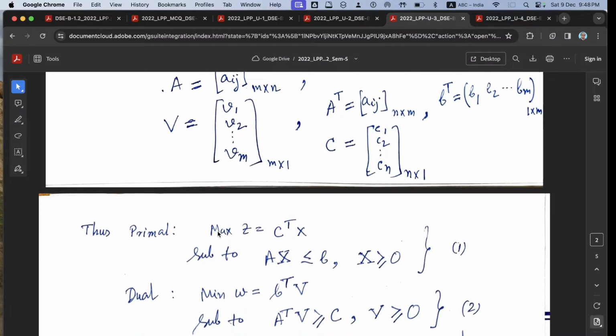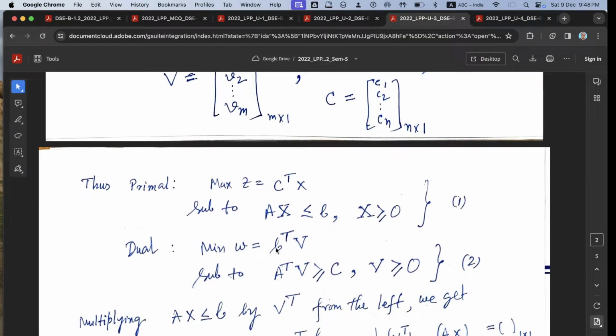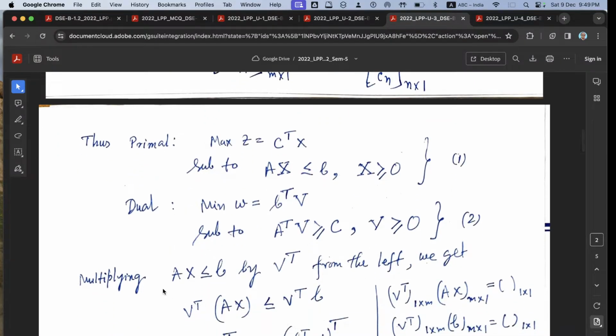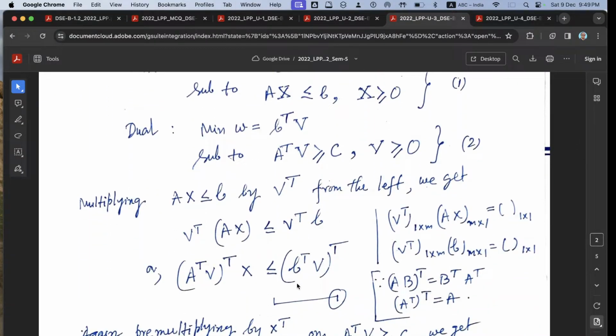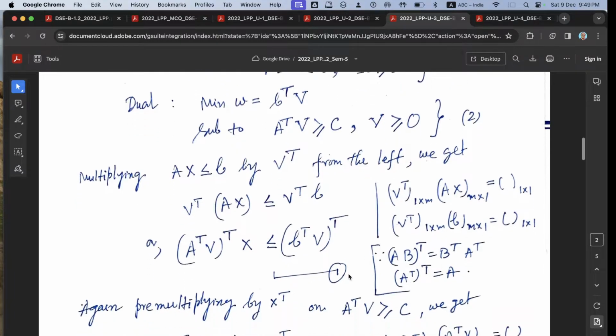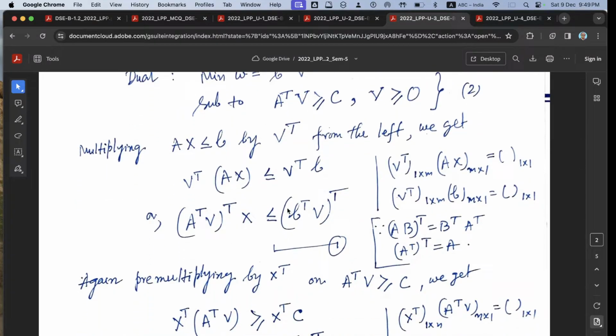Primal problem: maximize Z equal to C transpose X, subject to AX less than or equal to B, capital X greater than or equal to the null vector. Dual problem: minimize W equal to B transpose V, subject to A transpose V greater than or equal to the vector C, V greater than or equal to the zero vector. Multiplying AX less than or equal to B by V transpose from the left side, we get this, and after simplification we get V transpose AX less than or equal to B transpose V. This is inequality 1.